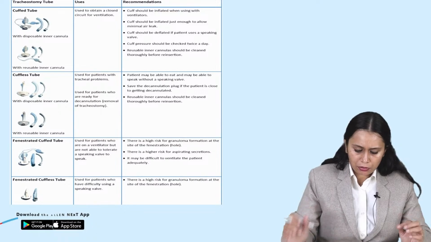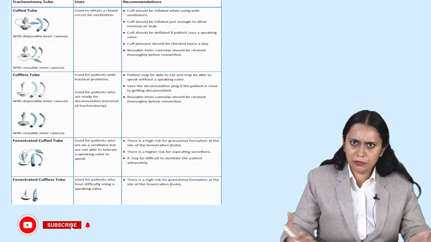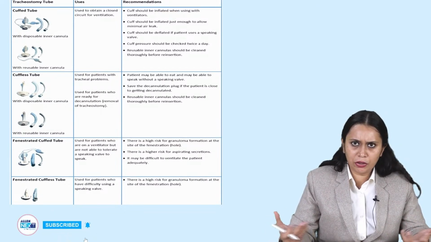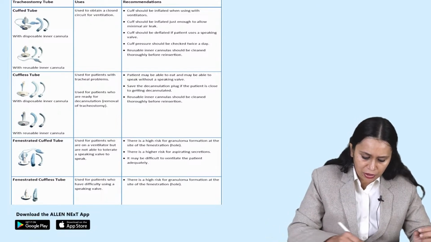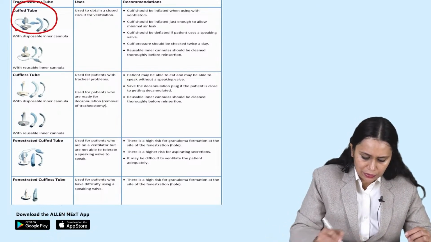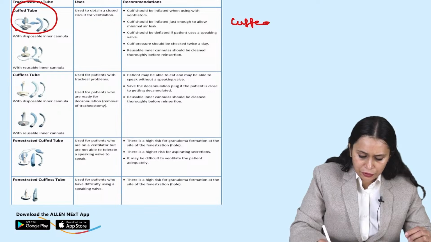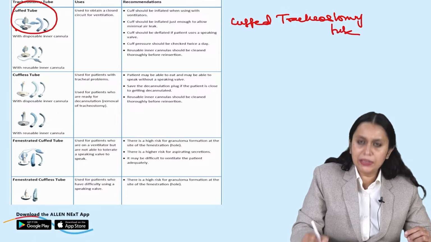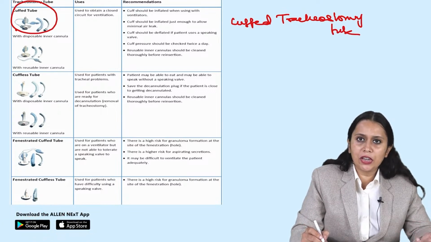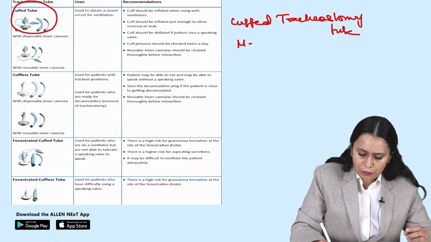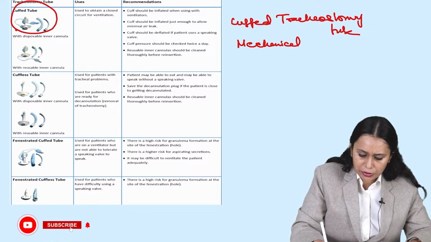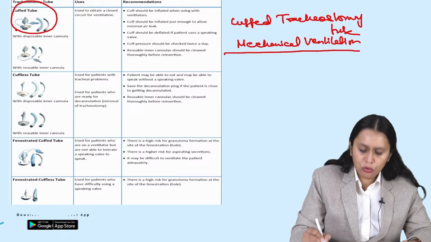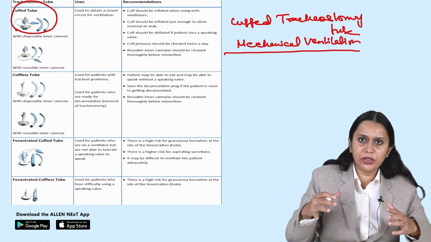Okay, now before ending this question, some important tracheostomy tubes. The first tube in the image is a cuffed tracheostomy tube, right? If the patient is on mechanical ventilation, this is the tracheostomy tube of choice. For mechanical ventilation, this is what is required to obtain a closed circuit for positive pressure ventilation.